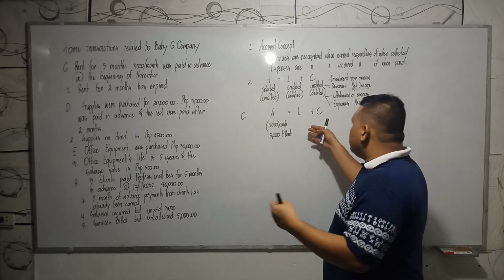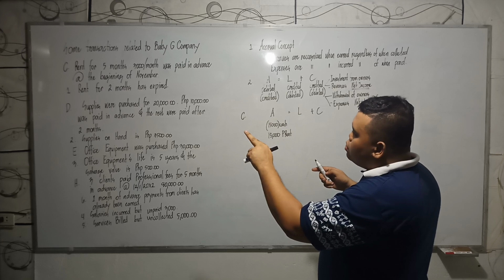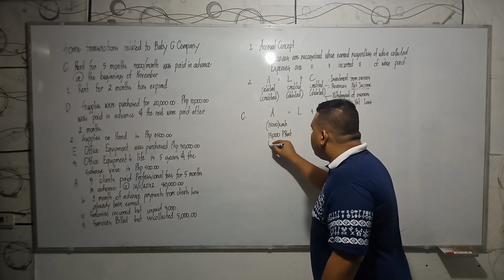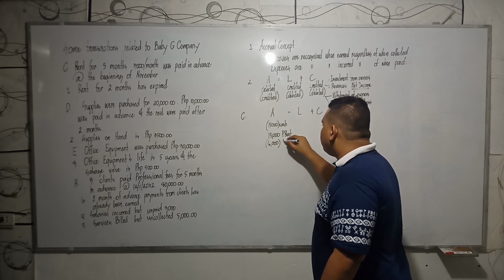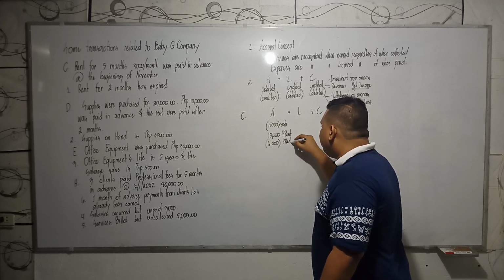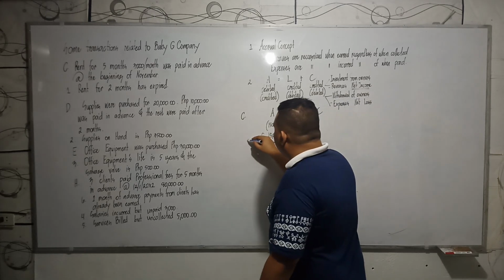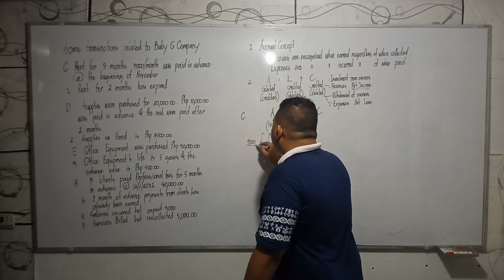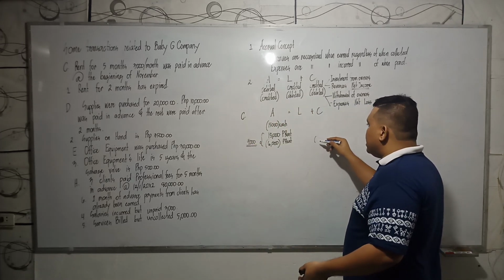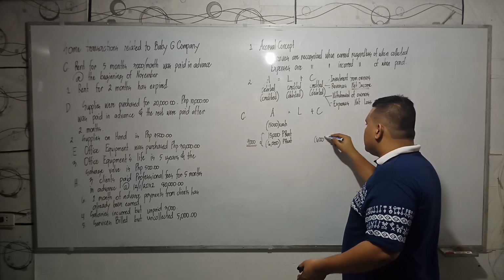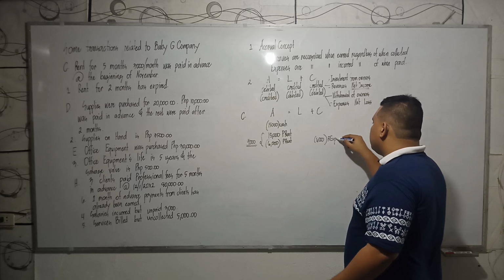So, what will happen on the effects on A is equal to L plus C? Of course, since that is 2 months, 3,000 times 2 months, 6,000 will be deducted. So, again, the deduction is from prepaid rent, leaving a balance of 15,000 minus 6,000, we have 9,000 still, the unconsumed or unexpired. And I told you, the pair of that is here, 6,000, and this is what we call rent expense. Okay?